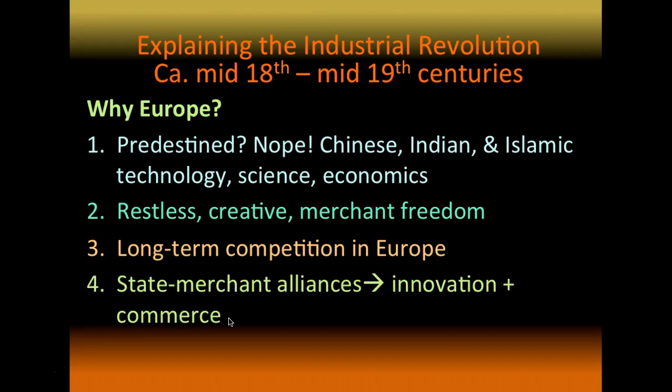There are also state merchant alliances, and this leads to innovation and commerce. A state merchant alliance would mean that a government would need money, and a merchant that becomes very wealthy can loan the government money. And so the merchant loans the government money, and the government decides to protect the merchant with perhaps military to ensure that the merchant's goods can be traded safely.